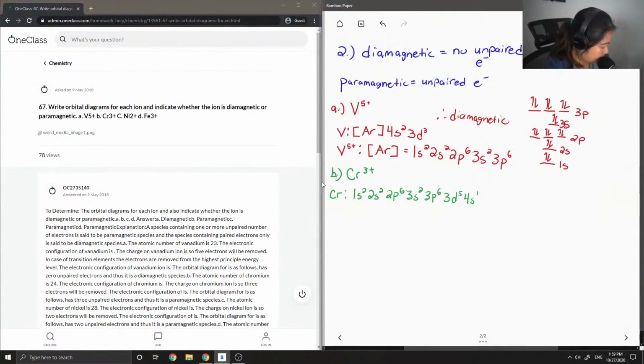Okay, so now since it's chromium 3+, it means it lost 3 electrons. So we're going to take out the 1 here, and then we're going to take out 2 from the 3d5. And just to shorten it, its new electron configuration will be argon, and then 3d3.